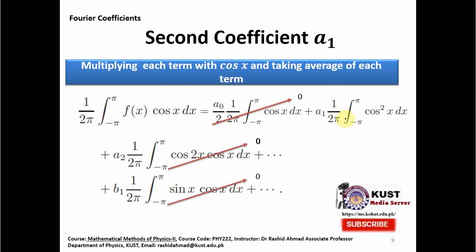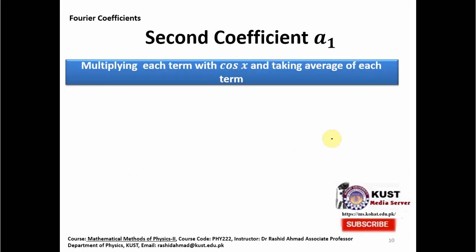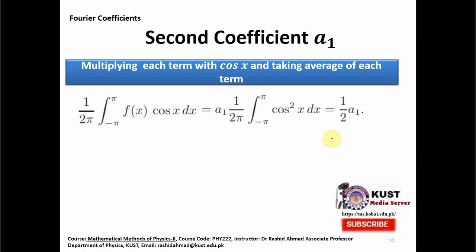All of them are equal to 0 except this a1 term. And if we now calculate this integral, we get 2 pi, which is equal to 1 over 2 a1, and from here the general term for a1 is 1 over pi, integral from minus pi to plus pi, and this is cos of x dx.